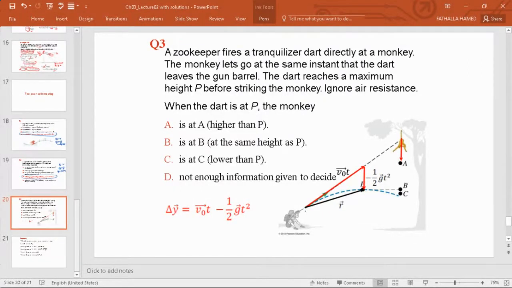Okay. So remember, you fire and the monkey lets go. And they will meet at point C. As the monkey is falling down, the dart would basically go as if you fired straight this way, but you know it's not going to go straight that way, because of gravity, and it will follow a trajectory like this.